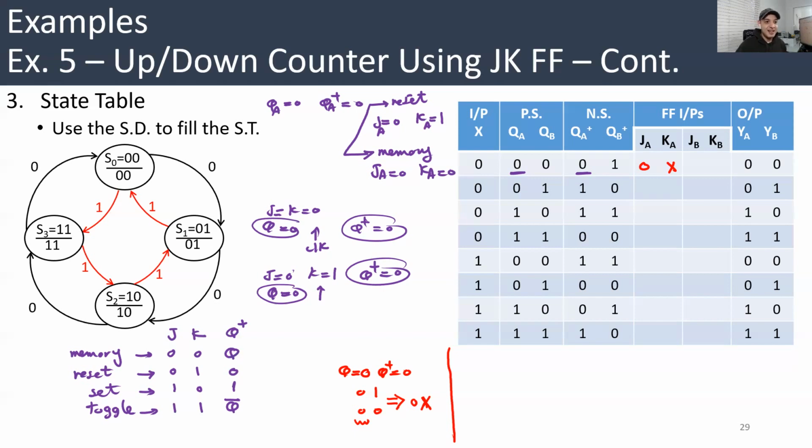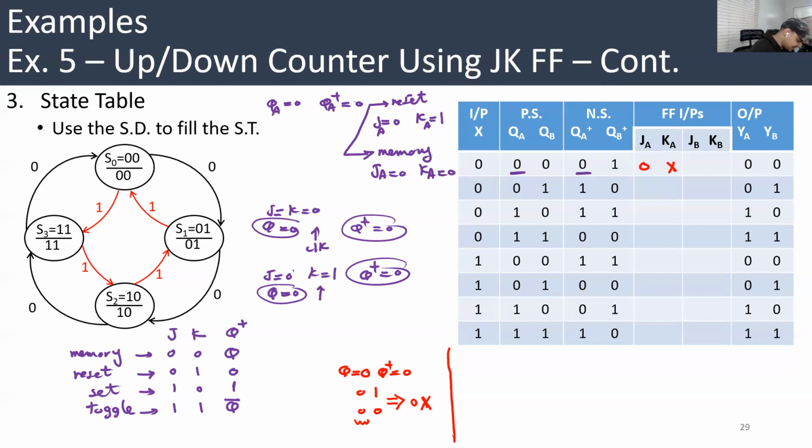So the fewer literals you will have in your final equations, and fewer literals mean less hardware or less complexity. So more optimality, right? That's basically why this leads to an optimal design. If you put 0, 0 or 0, 1, it's still correct, but not guaranteed to be optimal. Of course, you might be lucky, but it's not guaranteed. So whenever we see 0, 0, we're going to put 0x.